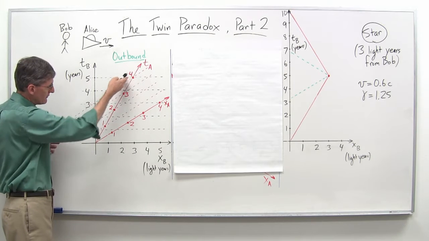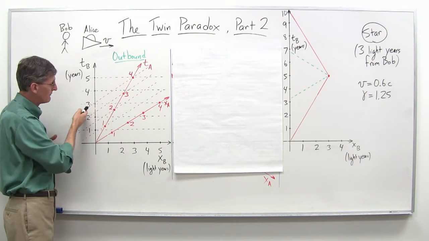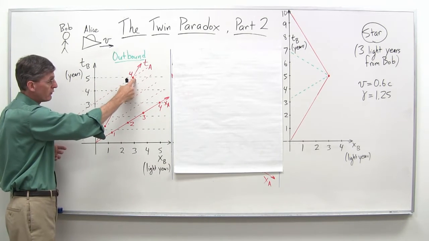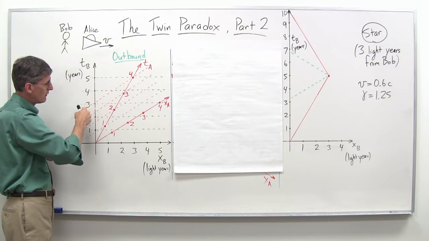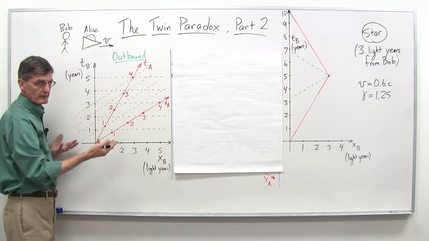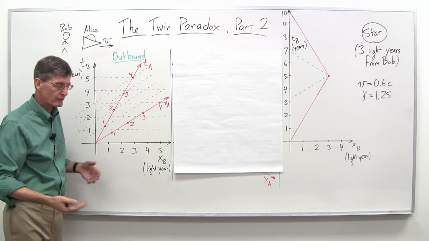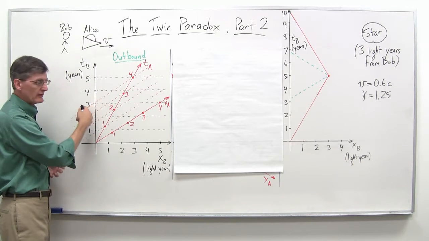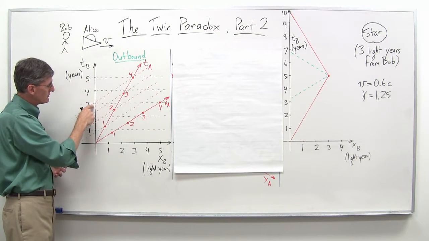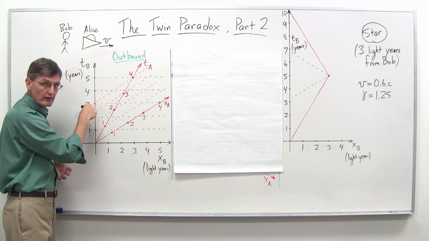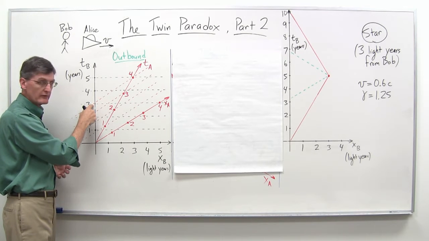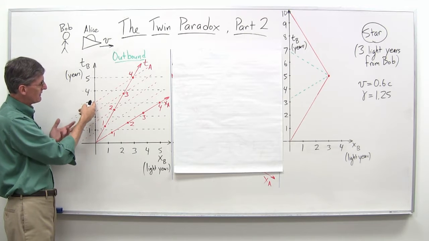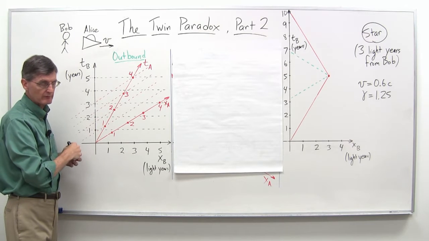And so she has her lattice of clocks here all synchronized. And so when this clock here is at 4, all these clocks for her read 4. That's the definition of a line of simultaneity, of course. A line of same time. And therefore, she sees, if she takes a photograph right here, with Bob's clock in the photograph as well, she sees his clock is actually 3.1, 3.2, something right in there.